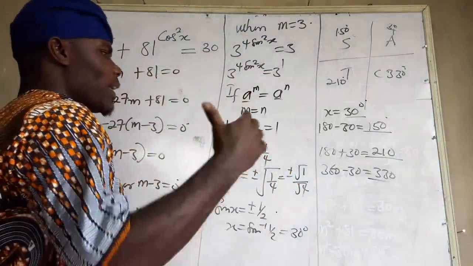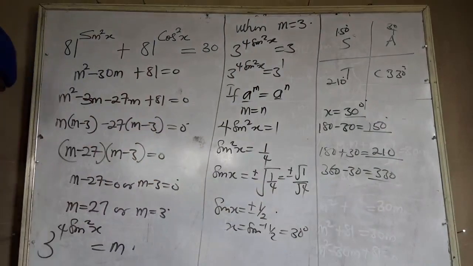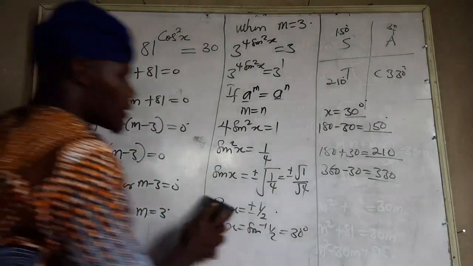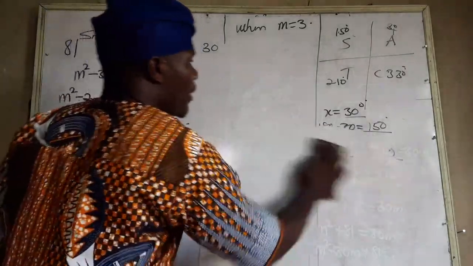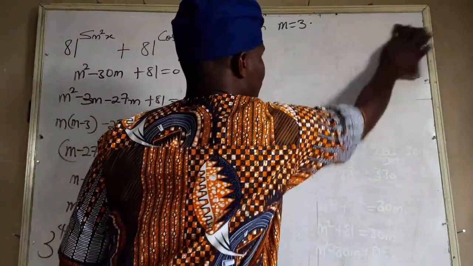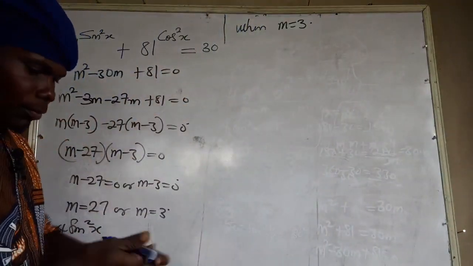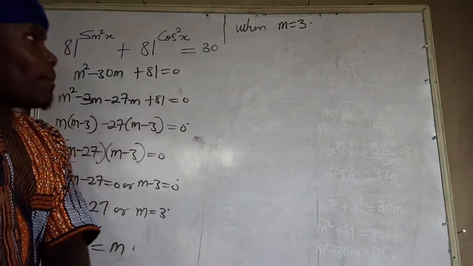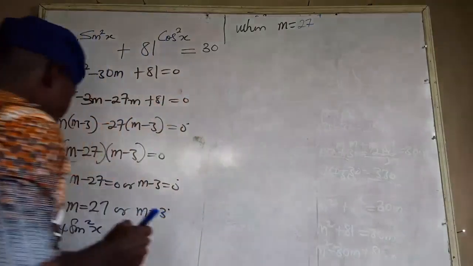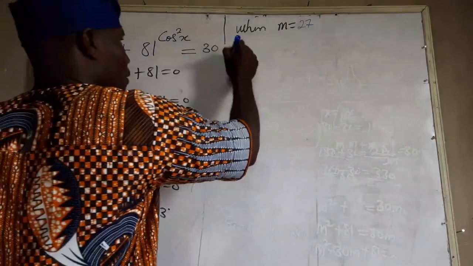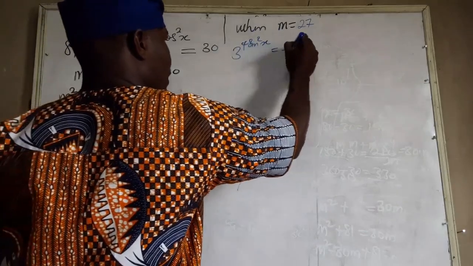So now, let's go again and consider when m is equal to 27. Let's find what the value of x is. When m is 27, we have 3 raised to the power 4 sine square x is equal to 27.